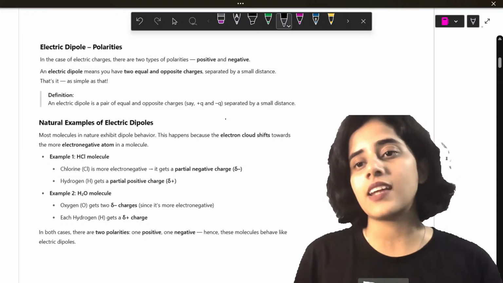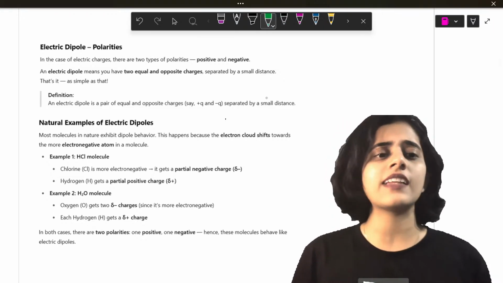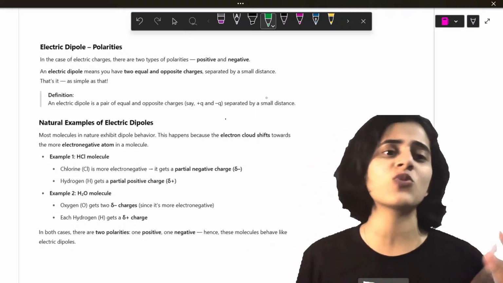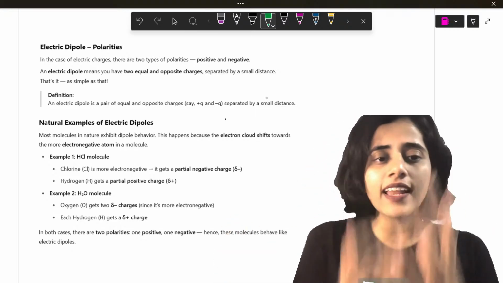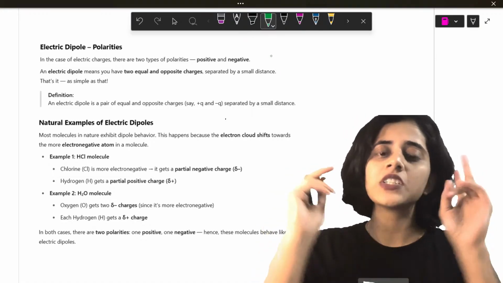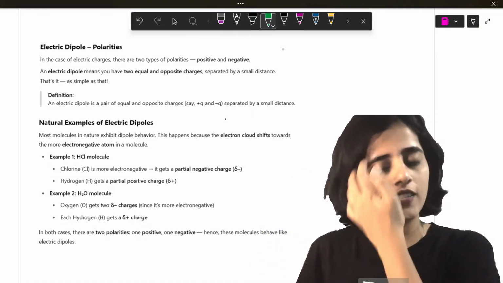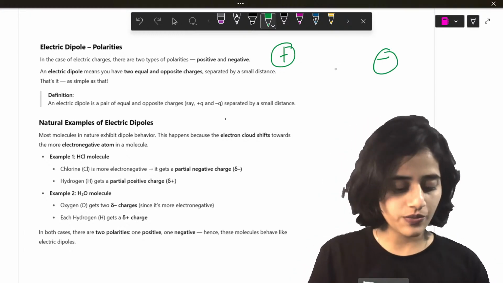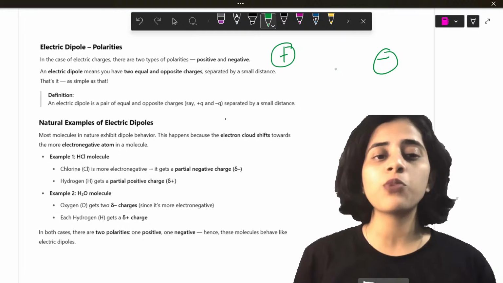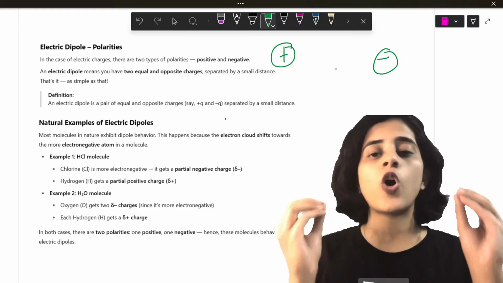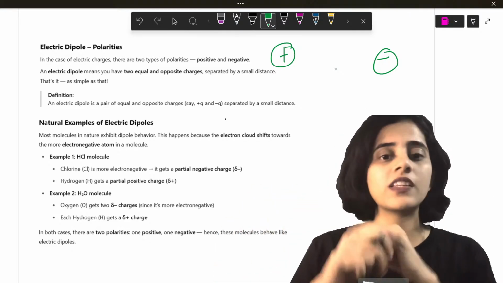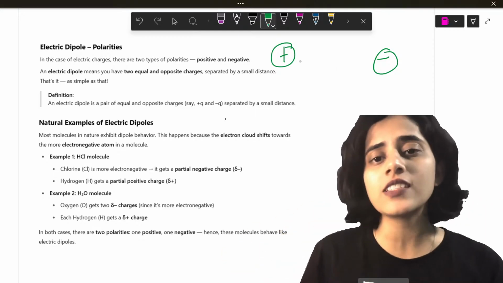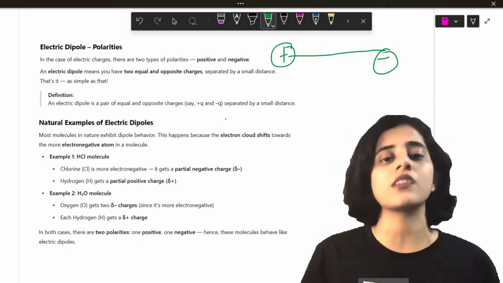Okay, now let's start. So, what is an electric dipole? And then what are these polarities? An electric dipole is when you have two charges, a positive charge and a negative charge. To make a dipole, you always need two charges which are opposite. They should have the same magnitude, but they should be opposite, and they should be separated by some distance.